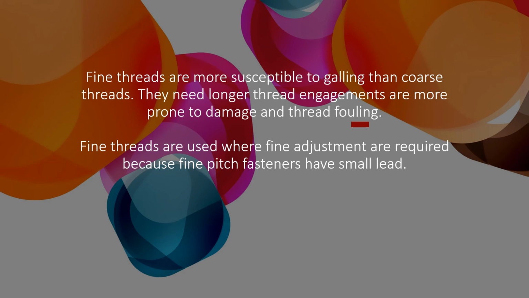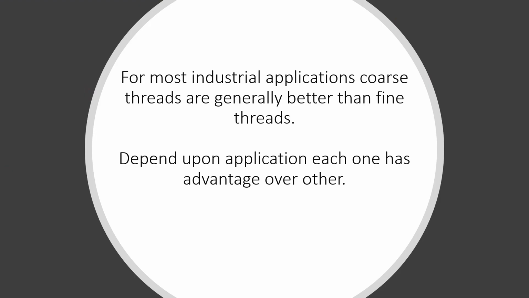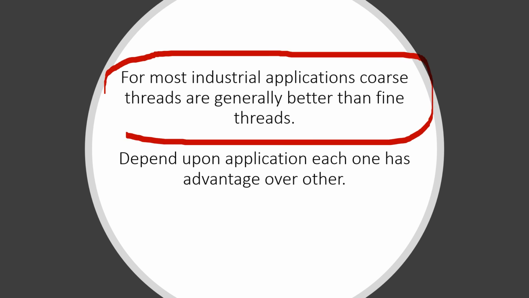In coarse thread, the pitch is higher. So that is called lead. In most industrial applications, coarse threads are generally better than fine threads. So usually they prefer coarse threads over fine threads. Depending upon the application, each one has an advantage over the other. So we already read the advantages and disadvantages, pros and cons of fine threads and coarse threads.